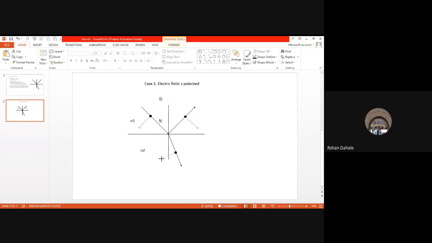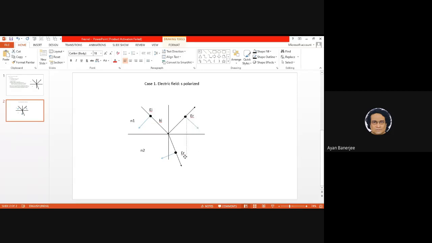Sir, the electric field in the reflected part, shouldn't it be inside the plane? Why? No, that cannot happen. How can the electric field suddenly change? The incident is out of plane, so why will it be in plane suddenly?